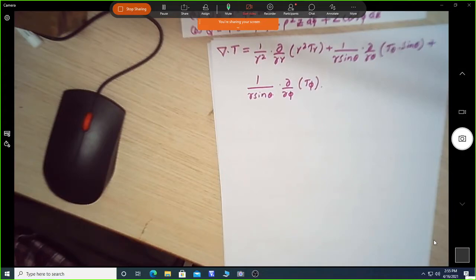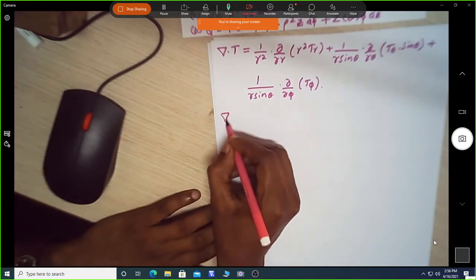Now substitute the r component, theta component and phi component, then you can get the answer. So you can tell me what is del dot t.